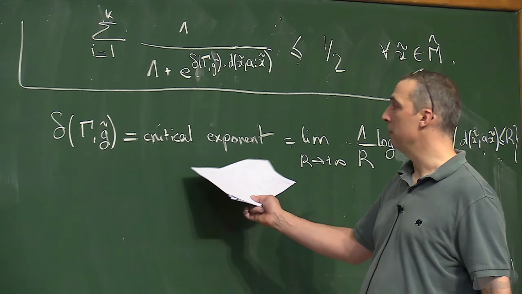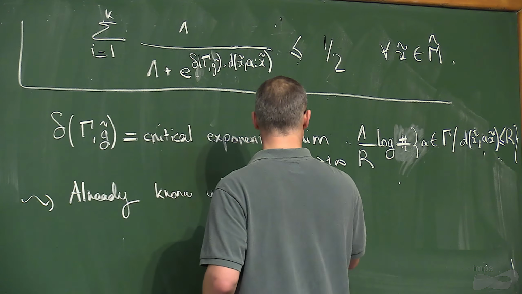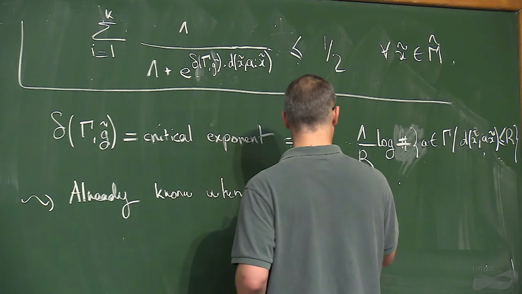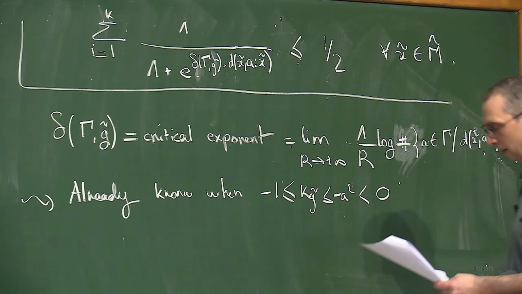Okay, so let's mention that it was already known for pinched negative curvature, when the metric was bounded like this, by a result by who? And okay, so if gamma is a Kleinian group, what happens?